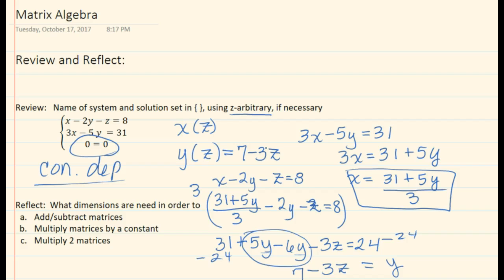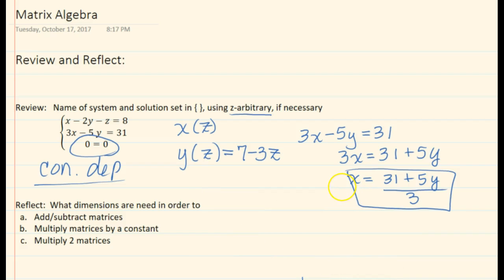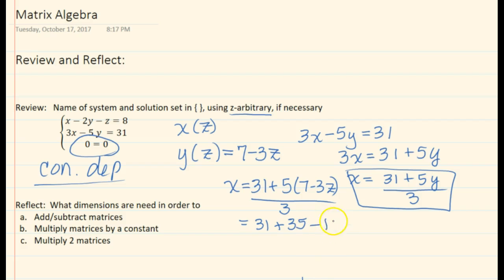Now let's go solve for x. We're going to use this relationship that we have in the box in order to solve for x. So we know that x is equal to 31 plus 5 times 7 minus 3z all over 3. So that gives me 31 plus 35 minus 15z all over 3.